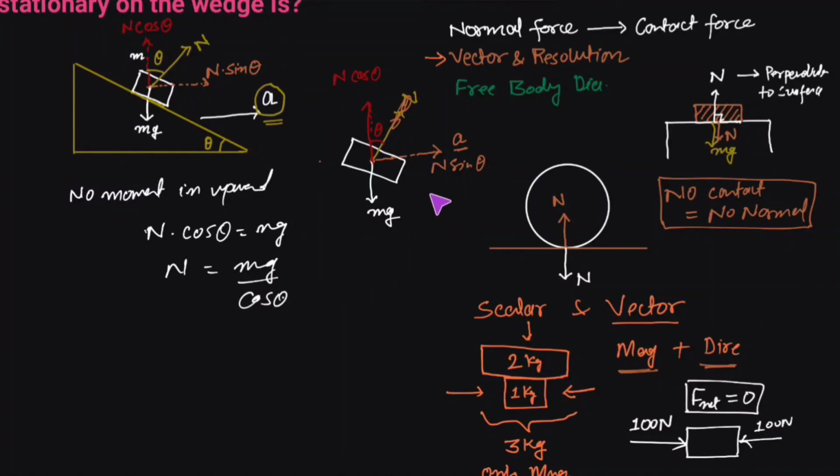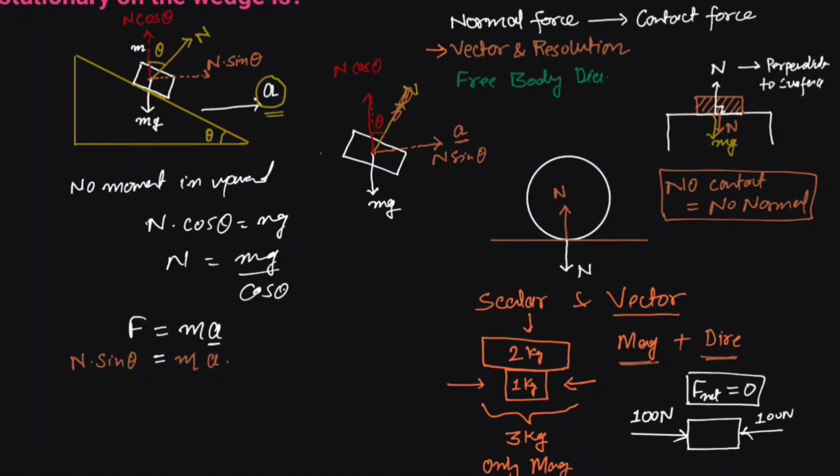N sin theta is the right side force, the net force, and net force is equal to mass times acceleration. The mass of the block is m and it is moving with an acceleration of a to the right side. So the net force to the right side, that is N sin theta, is providing that acceleration. So N sin theta is ma.